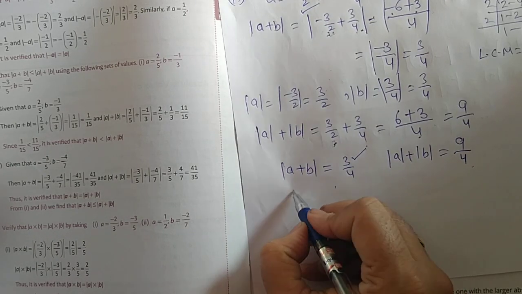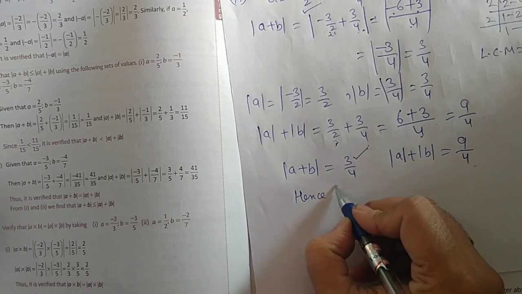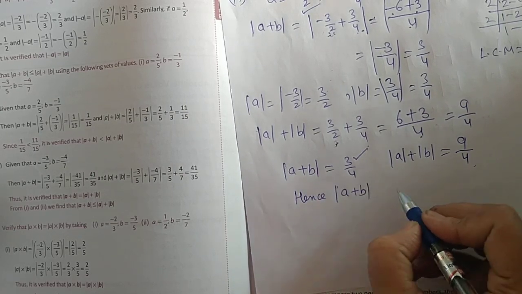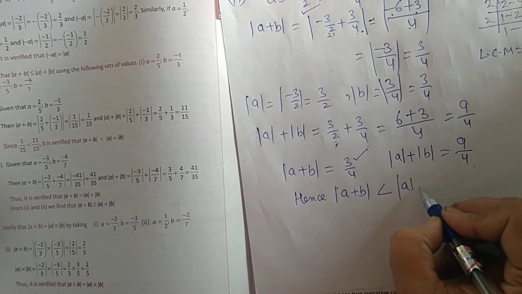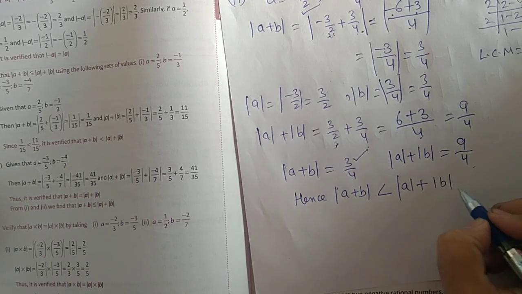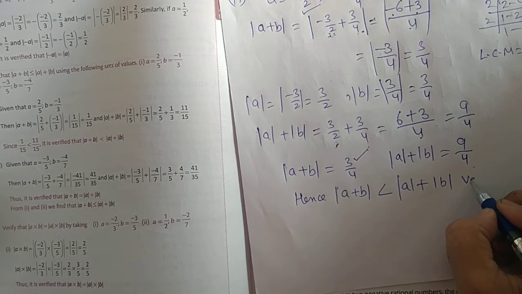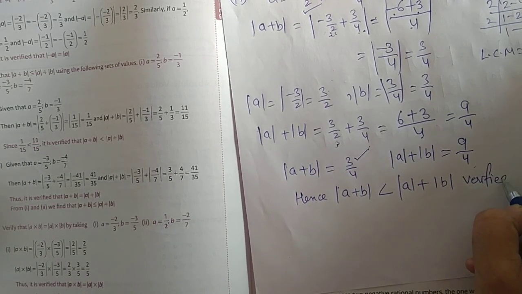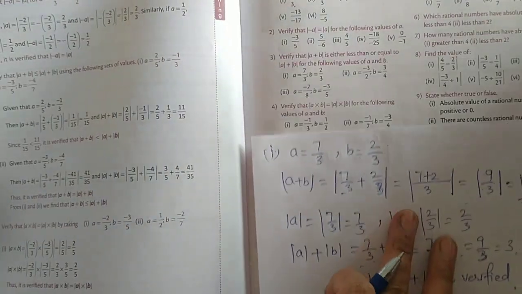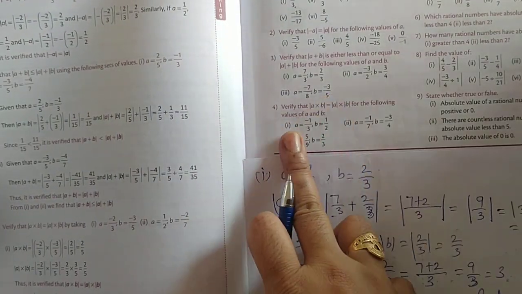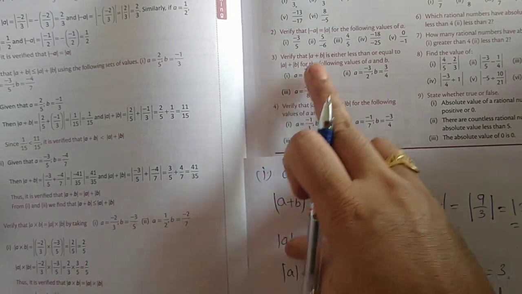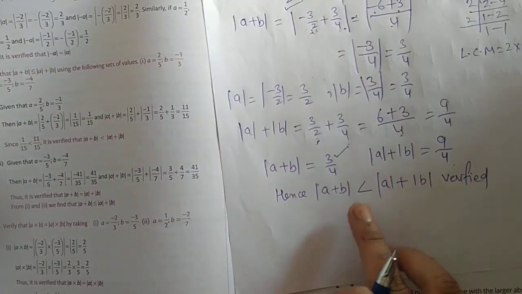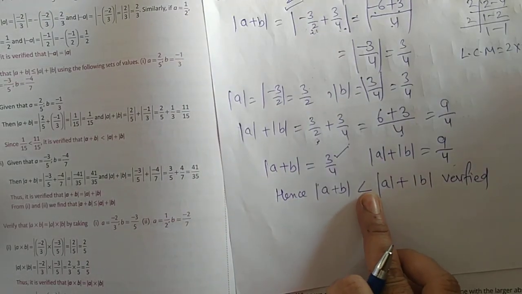So hence mod of A plus B is less than mod of A plus mod of B. Verified. Similarly, you can do the third part yourself by the same procedure.